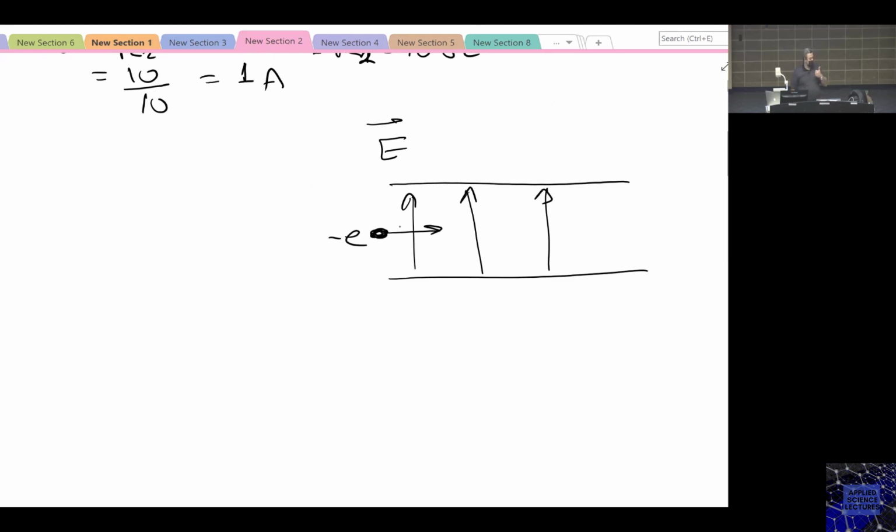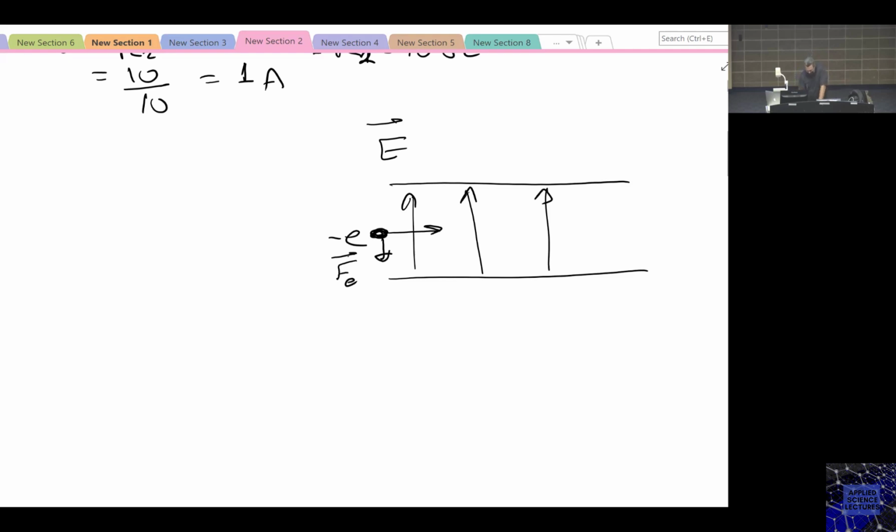If you recall the expression, F equals qE, and that's small letter q. If it's positive, then the direction of the force agrees with the electric field. If small letter q is negative, then the force is in the opposite direction of the electric field. So right now we have an electron, which means the small letter q is negative, and in this case, the electric force would be pointing this way.